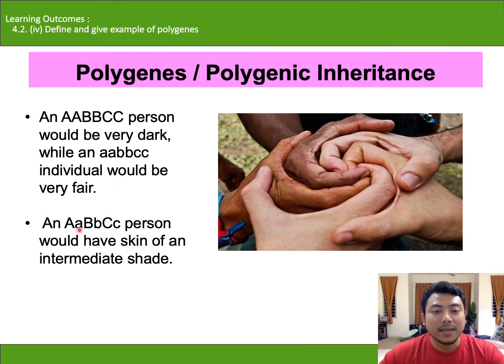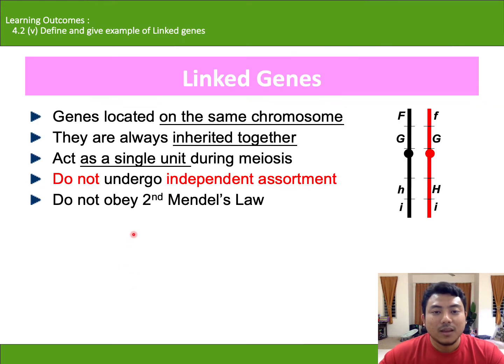And a person with capital A small a, capital B small b, capital C small c would have skin of an intermediate shade.